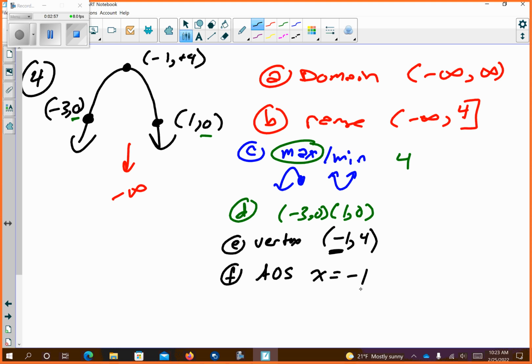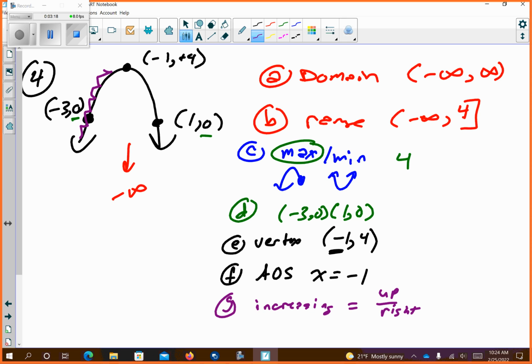And then letter G. This is where things start getting a little newer. Where is this increasing? Remember, we said increasing means it's doing an up, right motion. So upright, upright, upright.